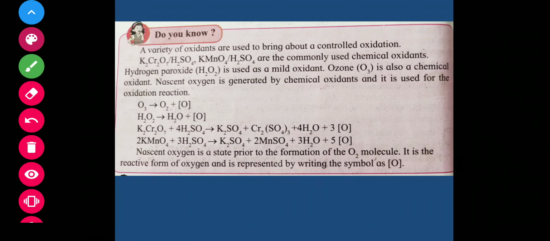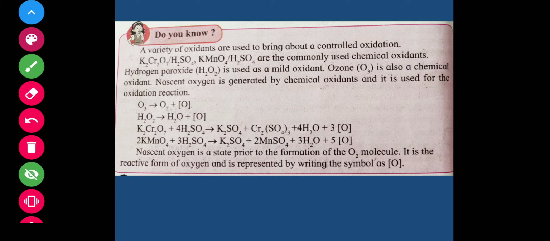Meaning all these oxidizing agents make nascent oxygen available to the reactant, so that oxidation reaction is brought about. So how is it available?